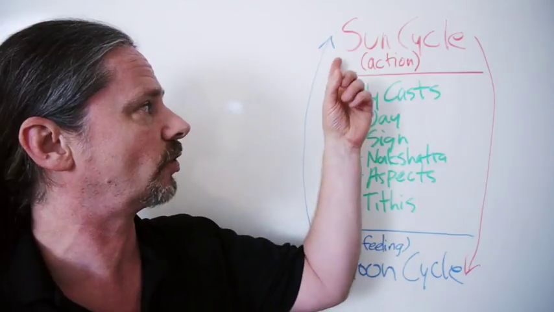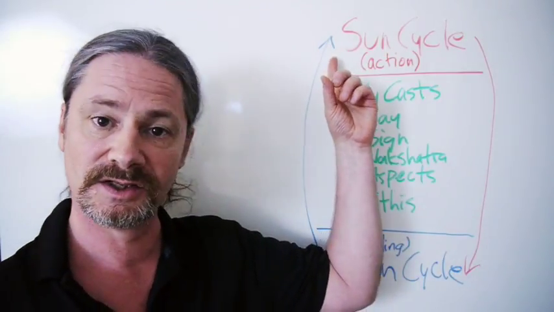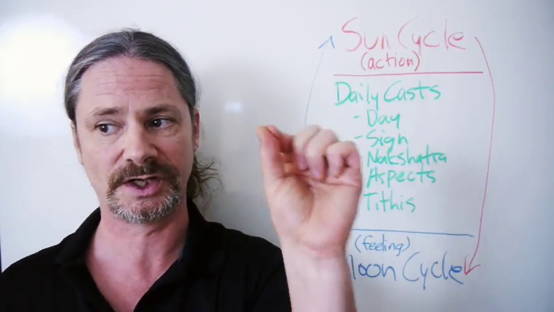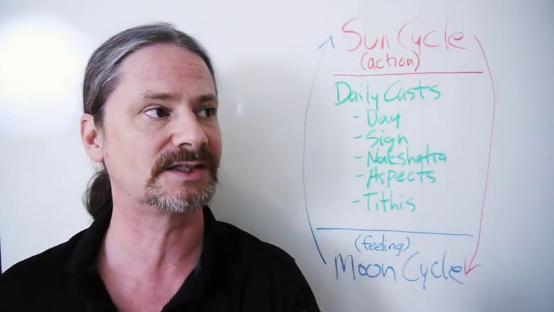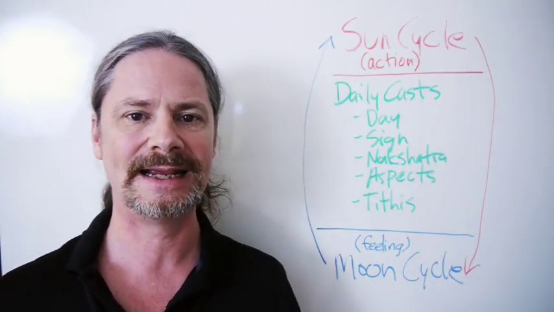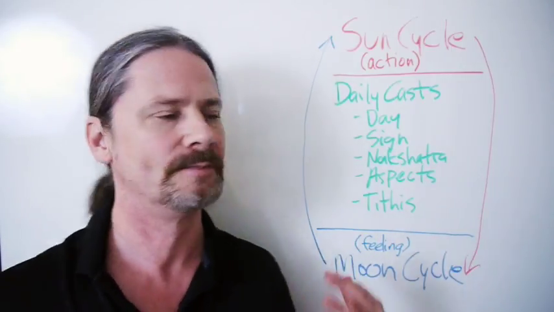So I do general forecasts for the public at large based on the sign and nakshatra and the indicators of the new sun cycle, when sun and moon come together and start that cycle of action for the next 30 days. And I also do a general forecast for the public on the moon cycle based on the full moon.